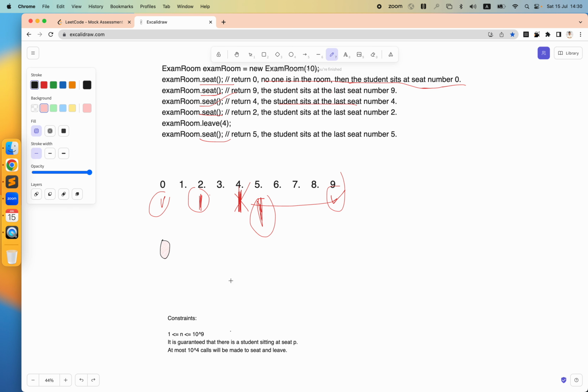If it's empty, okay, once empty, then add 0. I have an array of it. Empty, we add 0. So it's not empty.